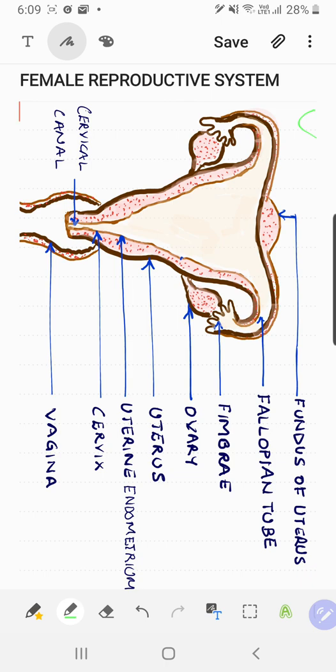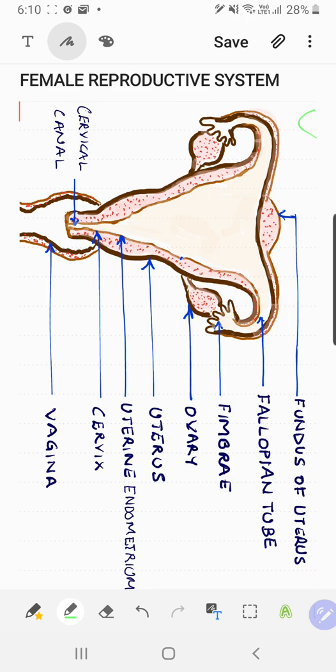Right, children? So primary sex organs are basically involved in gametogenesis, and secondary sex organs are involved in gamete transfer. Right, children?